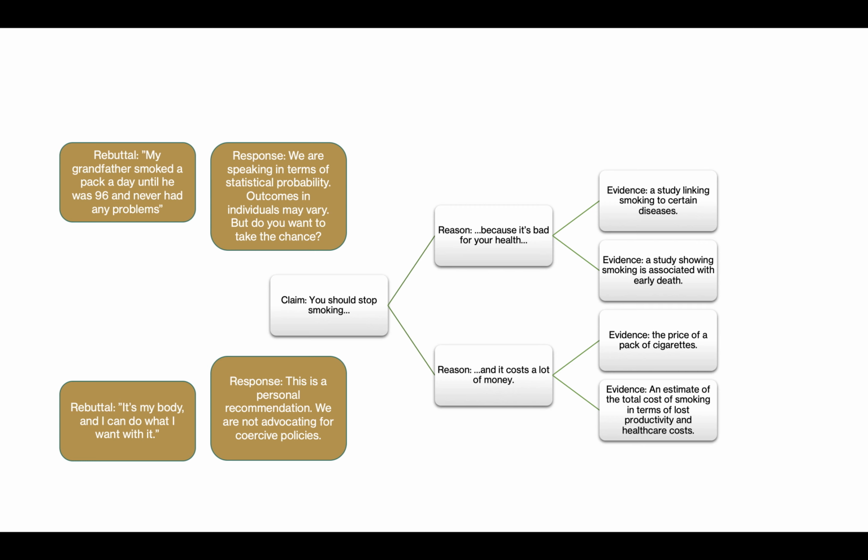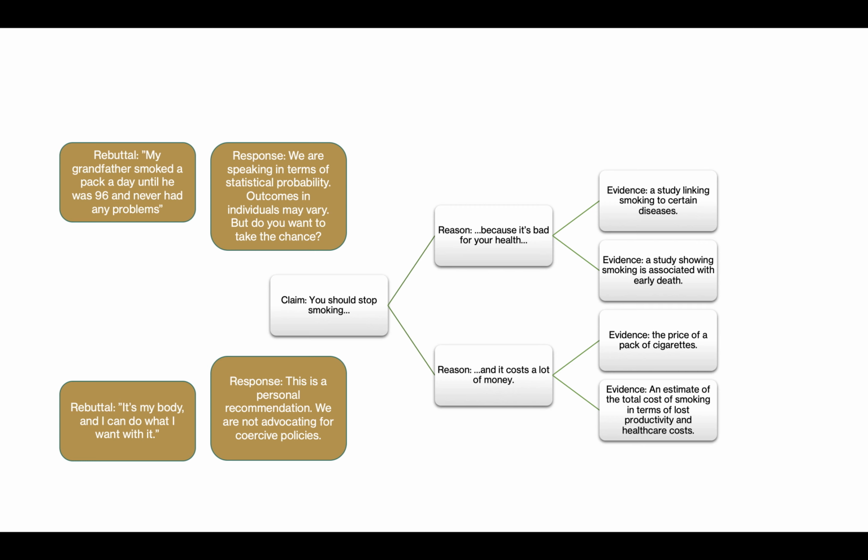So it may very well be the case that my friend has a grandfather who was a big smoker, but who died of something completely different than what we traditionally associate with smoking, or never had any particular health problems that we would attribute to smoking.